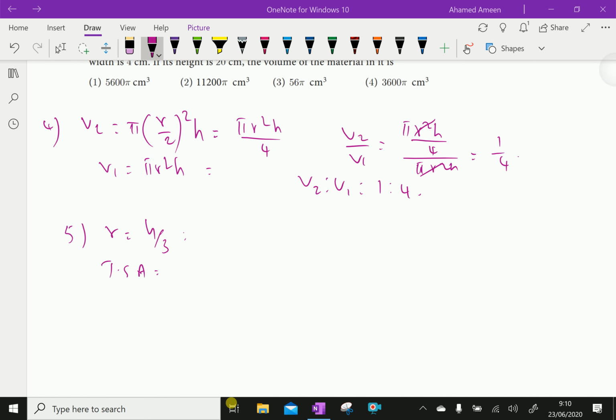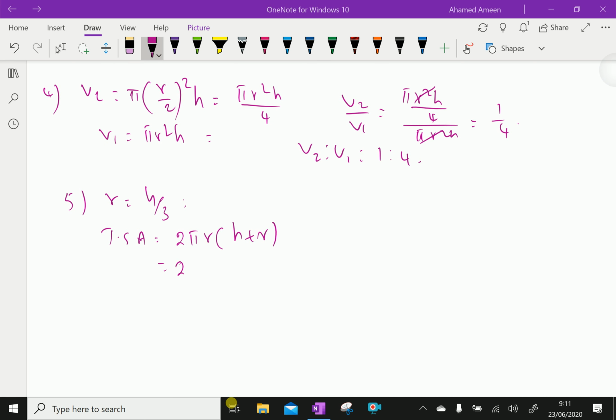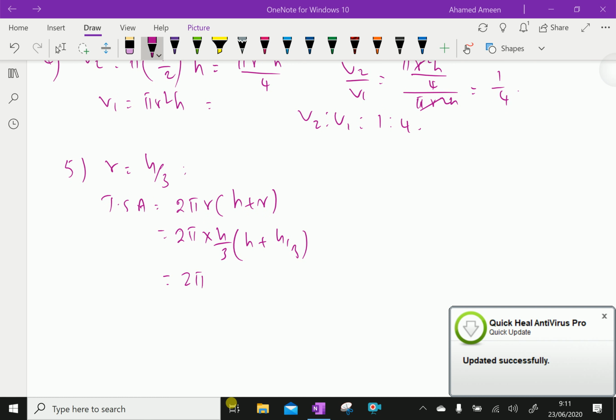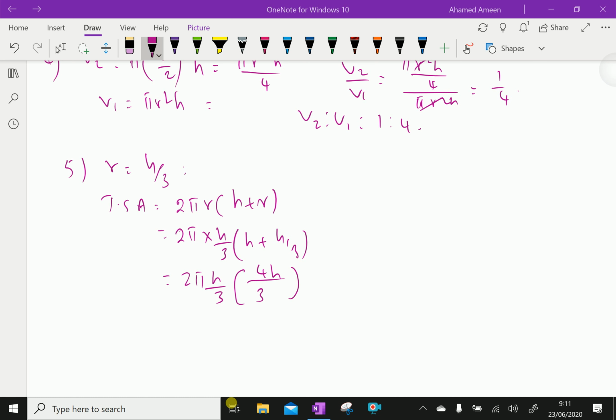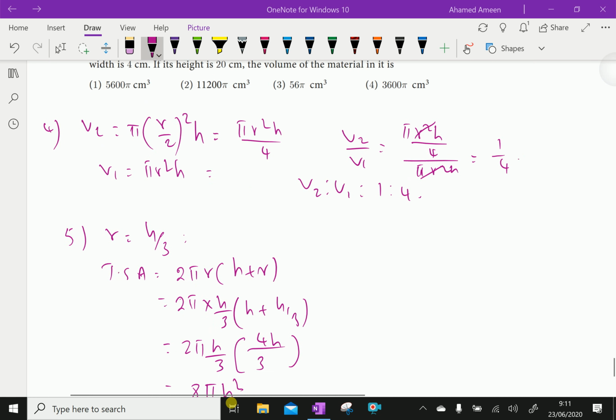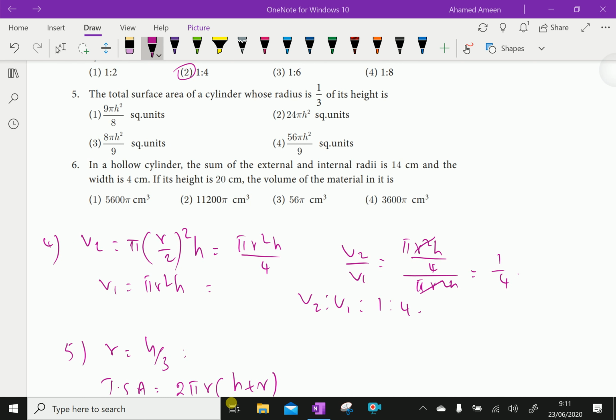TSA of the cylinder is 2 pi r times h plus r, that is 2 pi, r is h by 3, and h plus h by 3, which is equal to 2 pi h by 3 times 4h by 3, which is 8 pi h squared by 9. That is option 3.